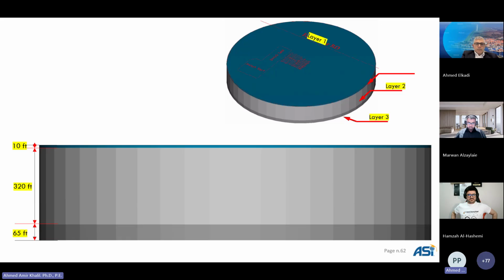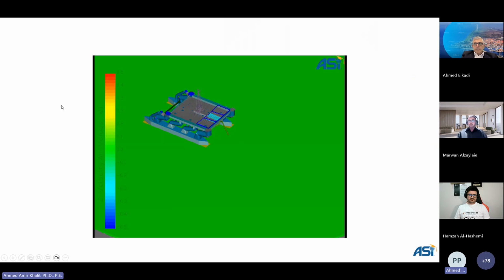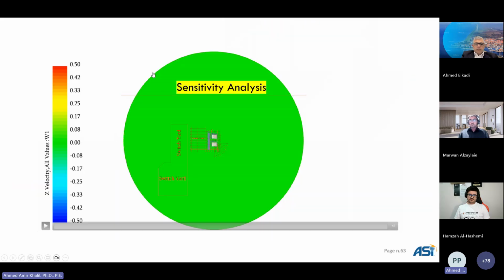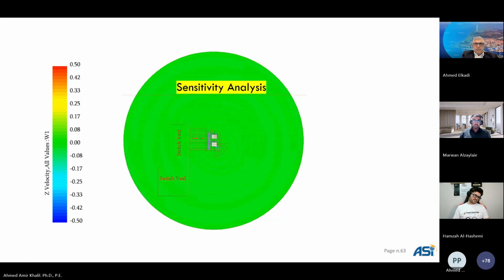And because the technique is numerically efficient, we have the ability to run a series of sensitivity cases with different soil properties, different assumptions about the soil properties, different assumptions about the soil layers, and use that to get an order of magnitude estimate for vibration at different locations surrounding the structure. So the idea is based on the sensitivity analysis, and we've repeated that for multiple projects, the same concept.